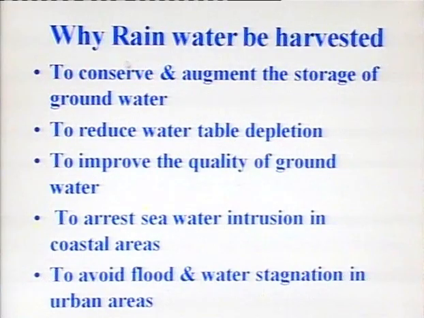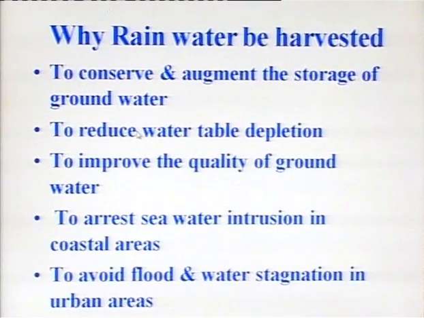Harvested rainwater is used for various purposes. It is used to conserve and augment the storage of groundwater. That is the solution for storage of groundwater, recharge of the water level, and reducing water table depletion.